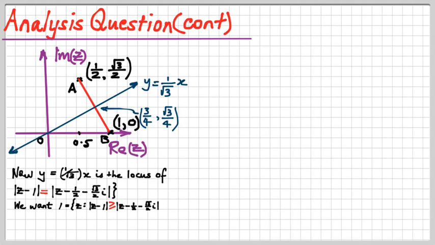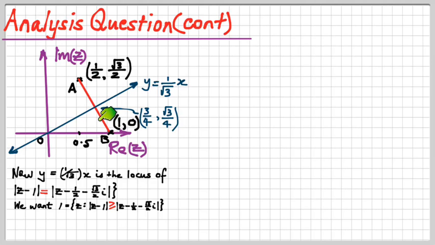We're looking for the points where the distance of z from 1 is greater than or equal to the distance of z from a half plus root 3 over 2i. Now, if you think about that, guys, just try this line here.